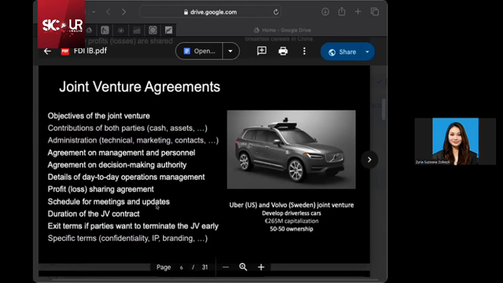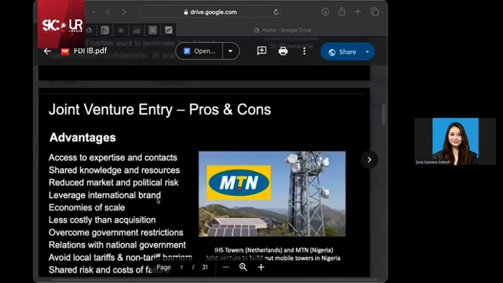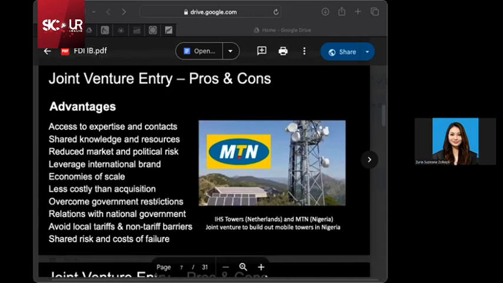Okay, so the advantages of JV. As a company, you can have access to expertise and context, right? So throughout this topic, most of the reasons or impacts are more or less the same, okay?